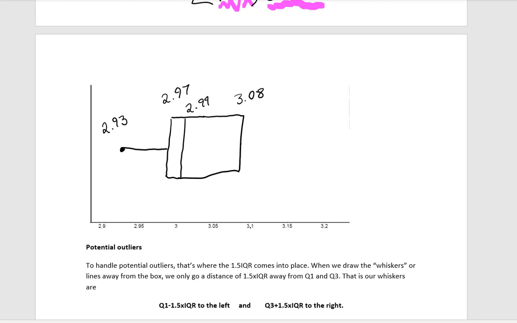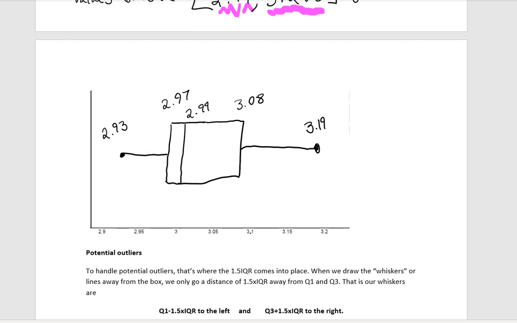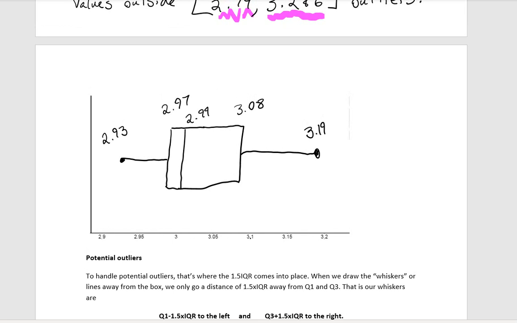And then we are going to go up to 3.19. So what that means is that this middle part is going to represent our IQR, which is going to be the middle 50% of the data, and then each piece is going to represent 25%.